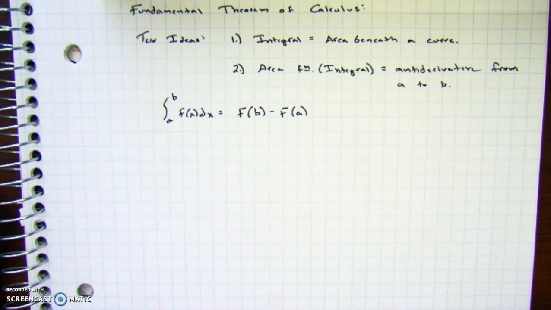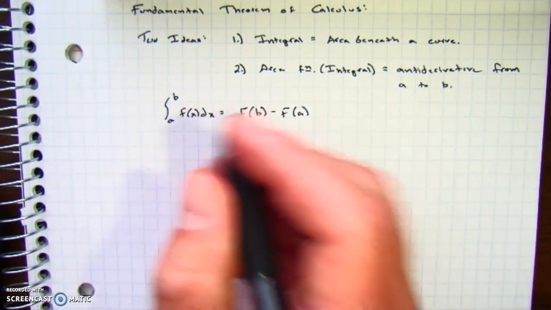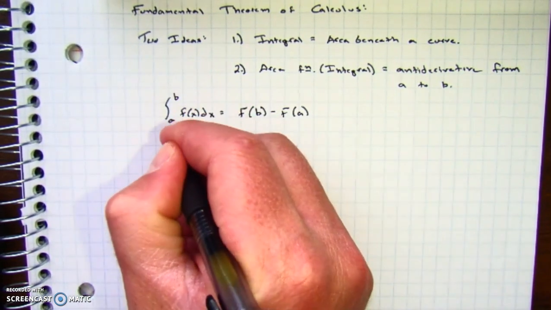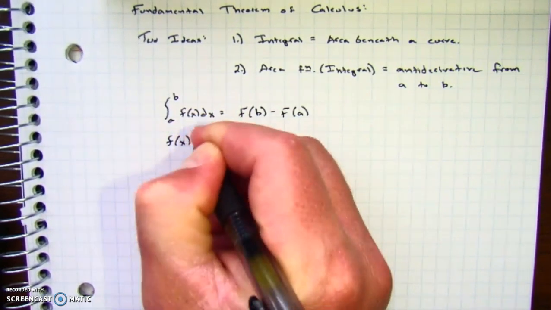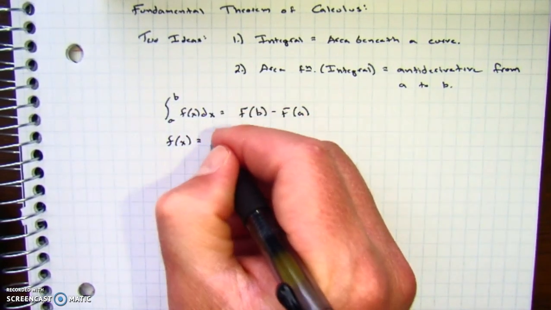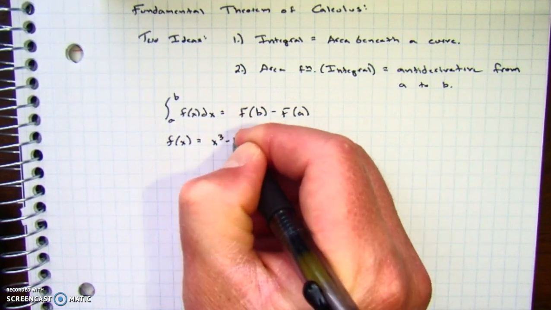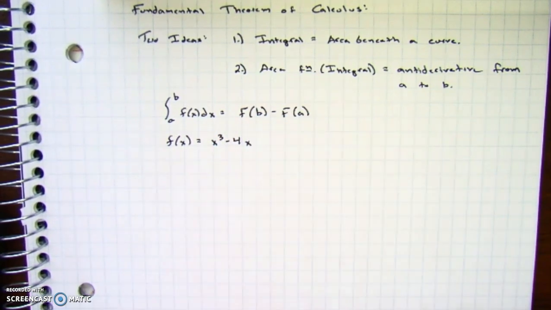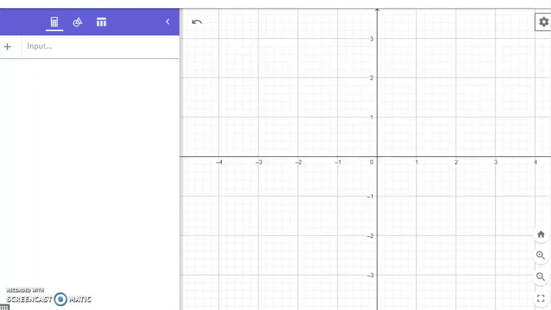So let's take a look at this in action. It's kind of one of those things that when you see it, it starts to make a lot more sense. So let's start with a function. Let's say f of x equals x cubed minus 4x. All right, and let's take a look at what that looks like first.